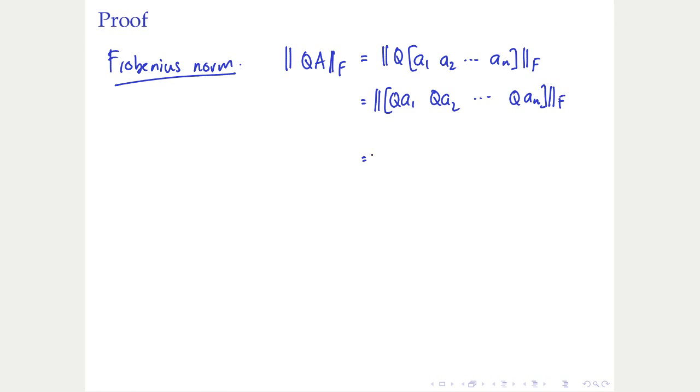Now remember, that is equal to the square root of the sum of the individual 2 norms squared of each of those columns.